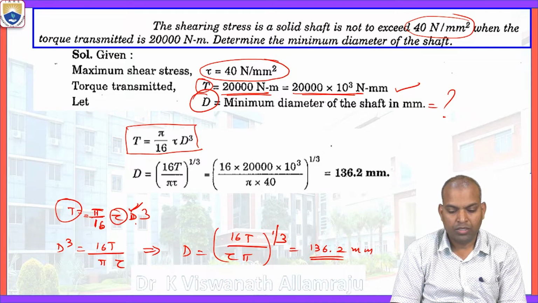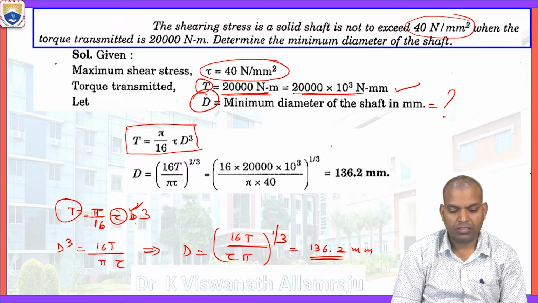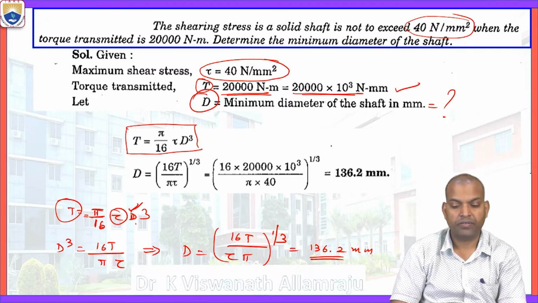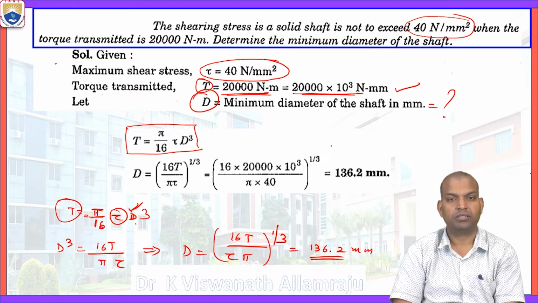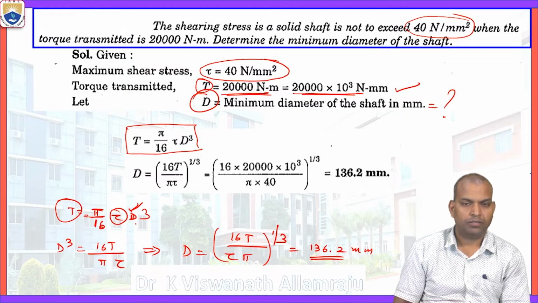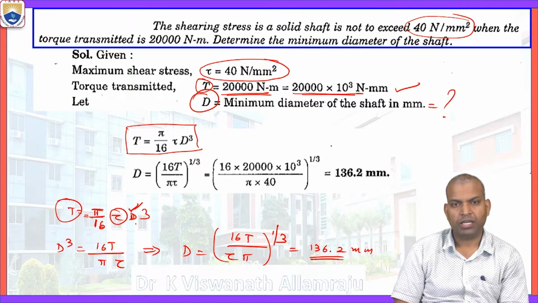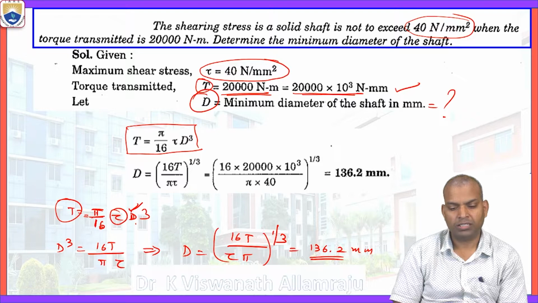Okay. So what is the unit for torque here? The torque unit is given as Newton meters, whereas the shear stress unit is given as Newton per square millimeter. So we have to maintain dimensional homogeneity, as I mentioned a number of times.